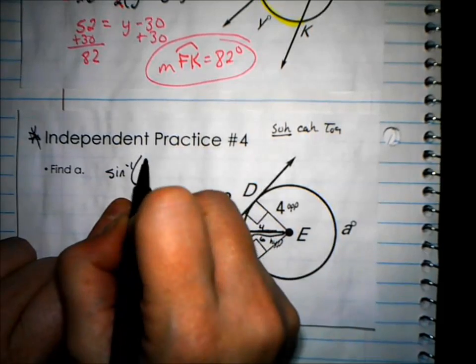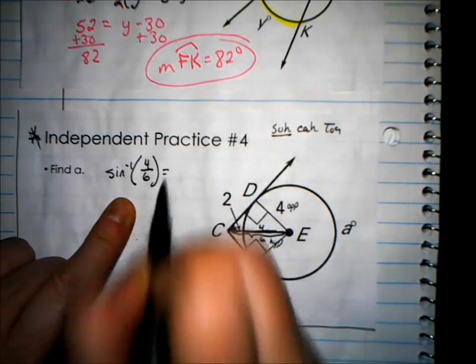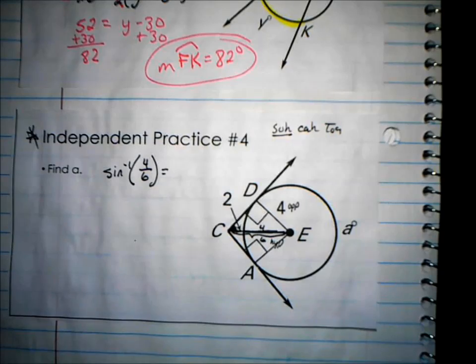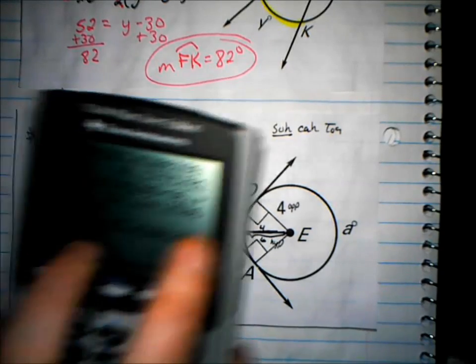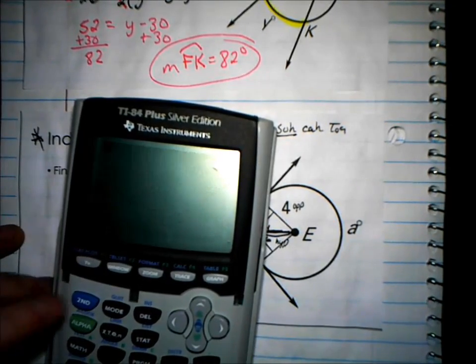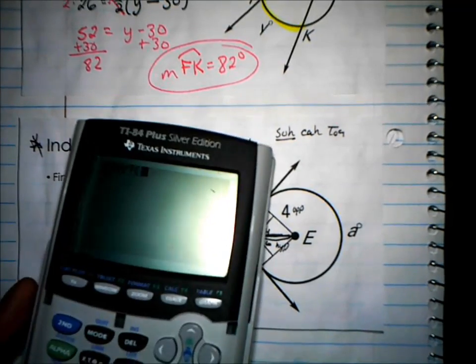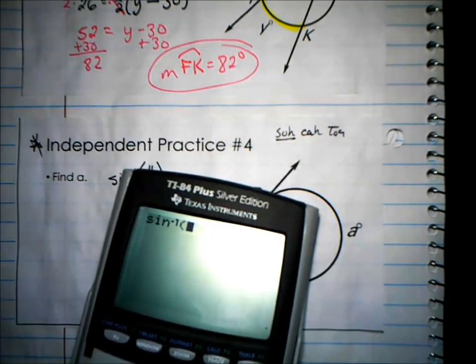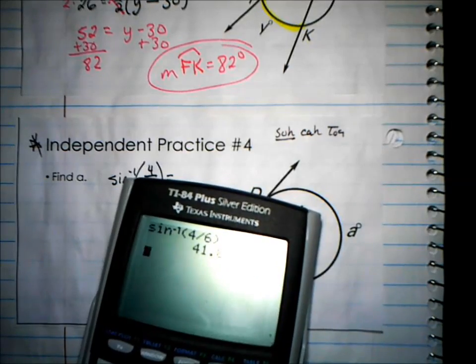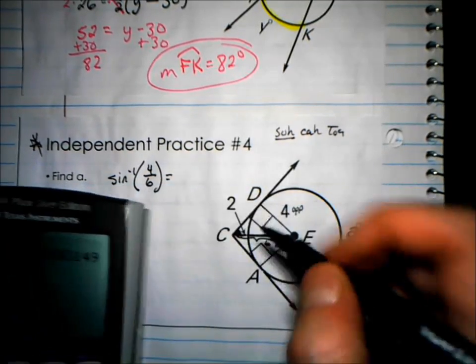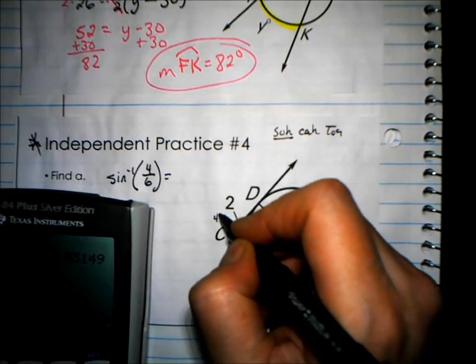So I'm looking at the opposite being 4 over 6 will be the degree of this little part up here on top. Remember, to get the inverse, I have to do second, oops, let me clear all that. Second sine, that gives me the little -1. 4 divided by 6, and close my parentheses, so I have that this top angle here is 41.8.